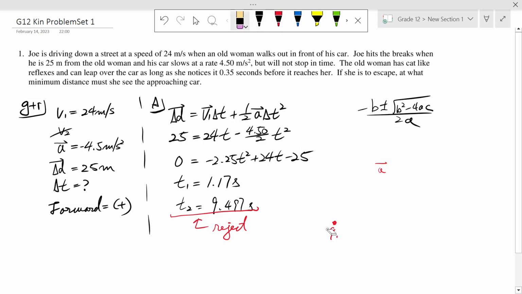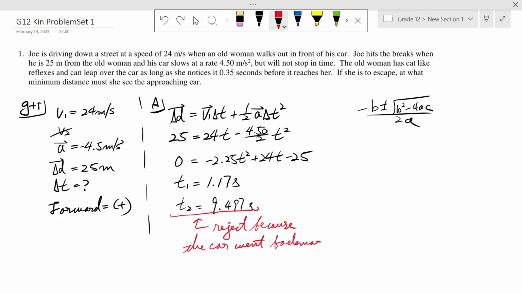I don't know how to explain that in proper terms, but just reject it anyways. Reject because the car went backwards. Really bad writing.